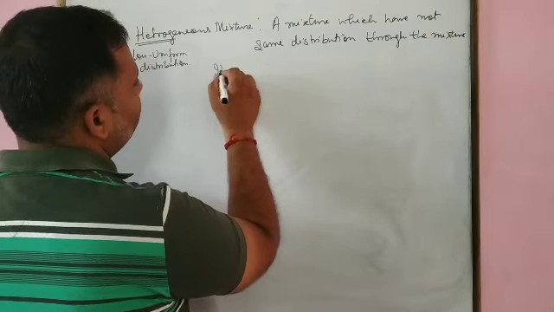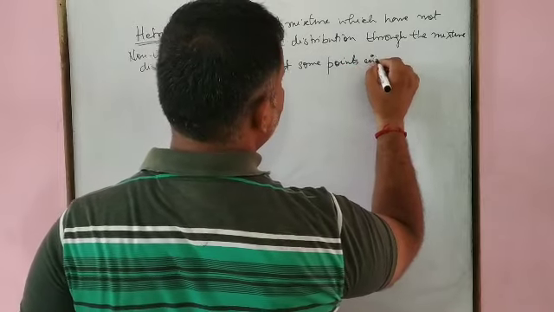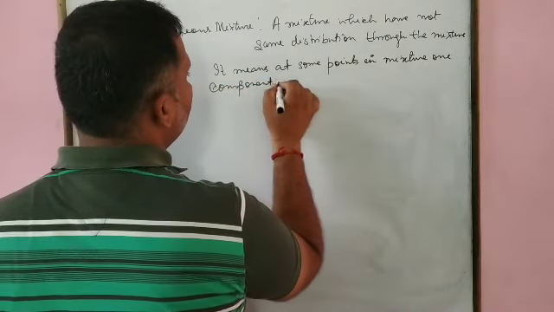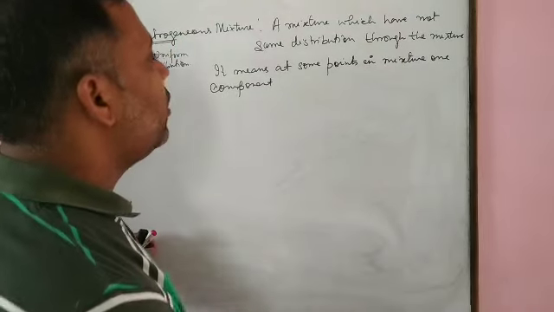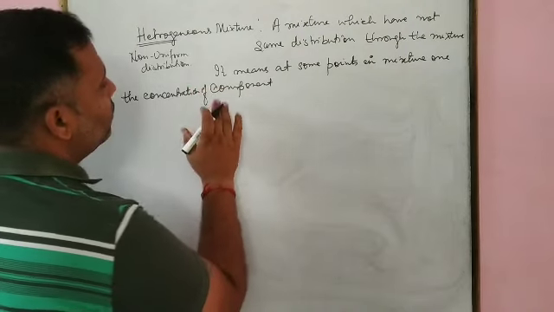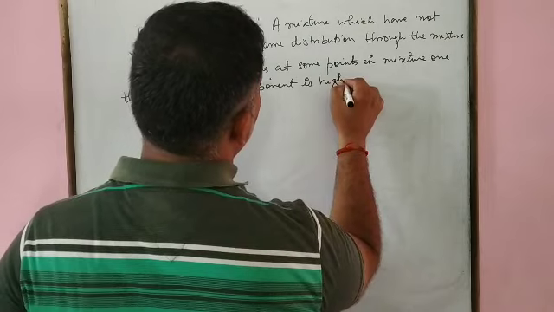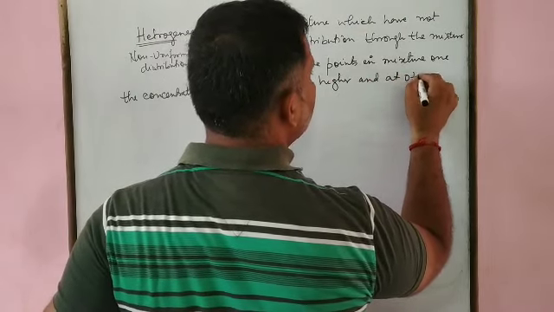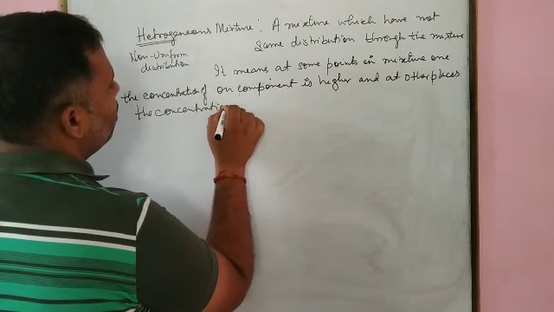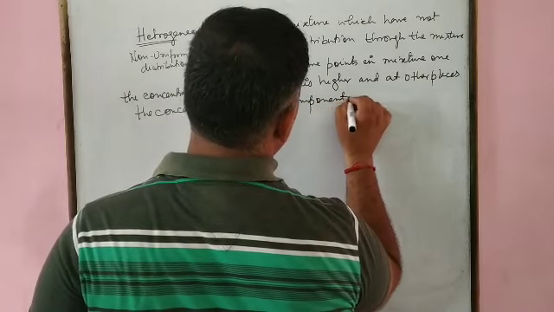It means at some points in the mixture, the concentration of one component is higher, and at other places the concentration of the other component is higher.